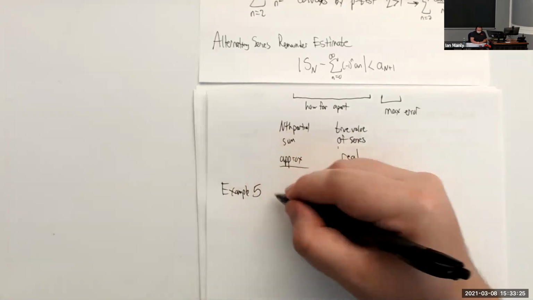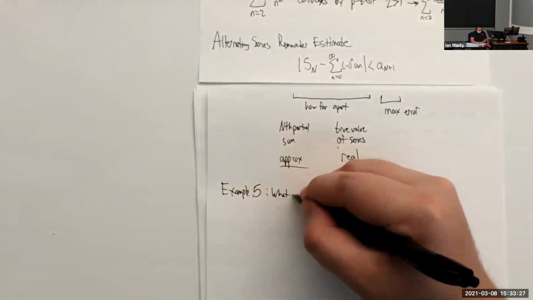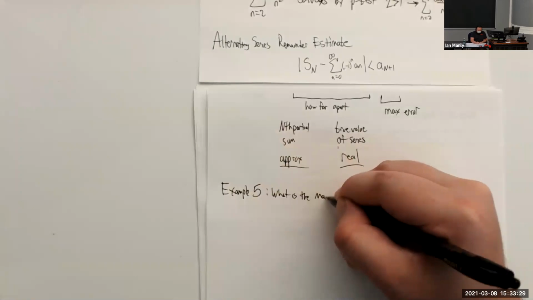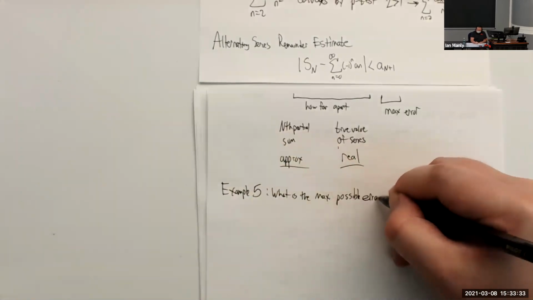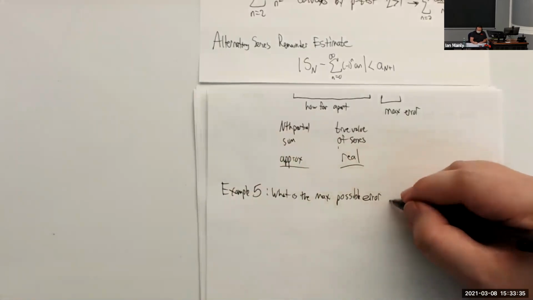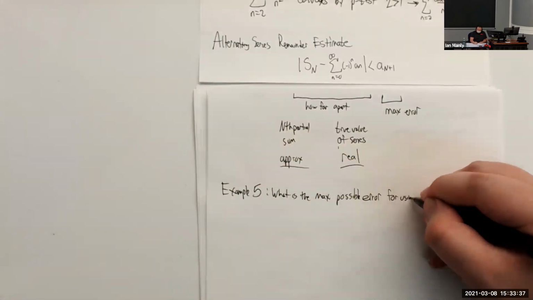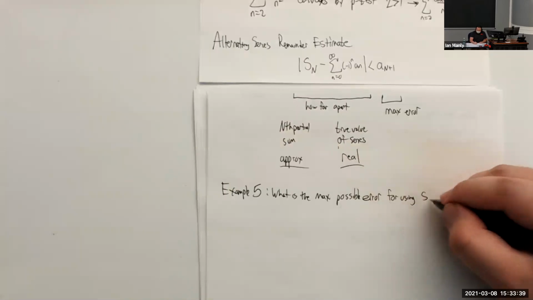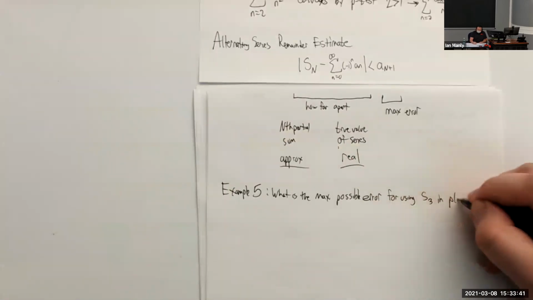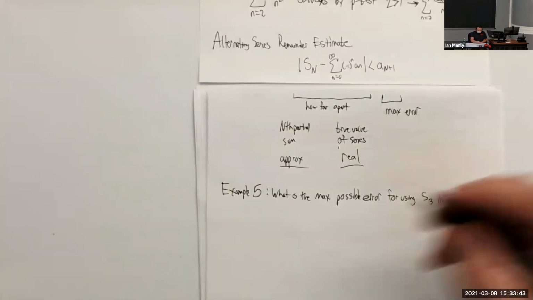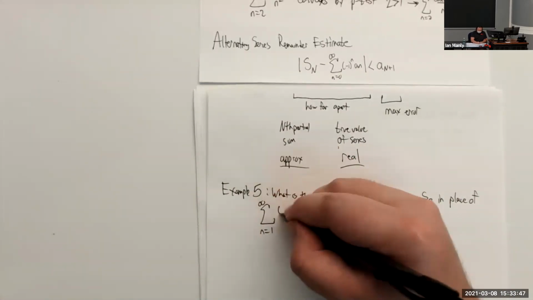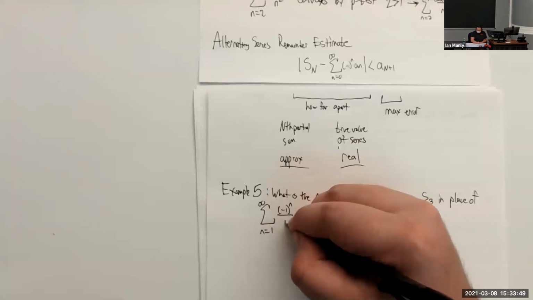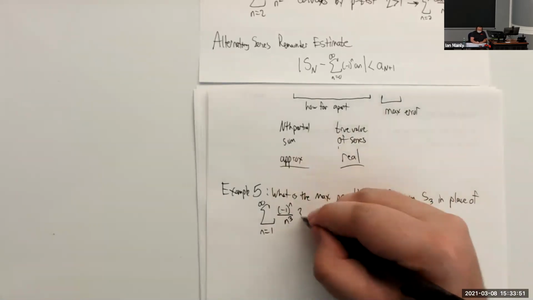All right. So what is the maximum possible error for using S3 in place of the series, n equals 1 to infinity, (-1)^n over n cubed?